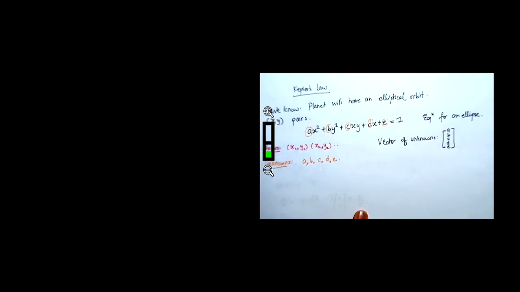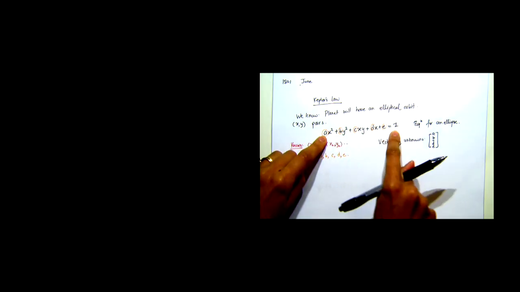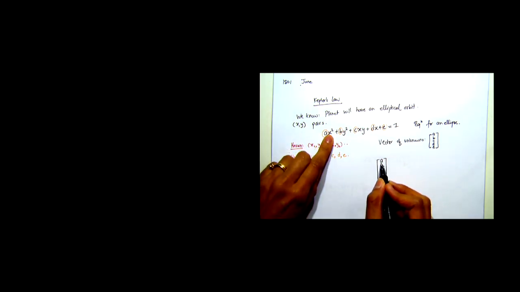So I'm going to write my vector of unknowns, which is basically A, B, C, D, E. Okay? And I'm going to try and write this now as a linear equation. So let's say I have my vector of unknowns here, A, B, C, D, E. A gets multiplied by x squared, right?